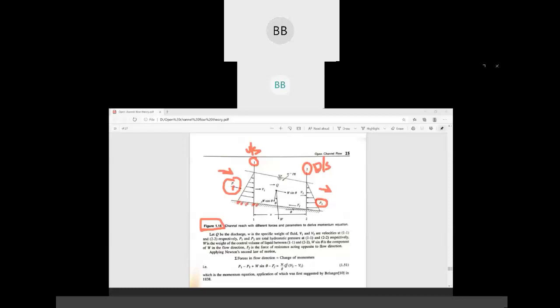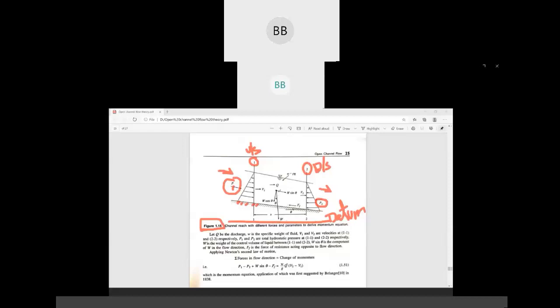Definitely we should have some slope because it is in higher elevation and it is a lower elevation. So if we consider a datum line, or you can say reference line, this W will be perpendicular to this reference line. This is a straight line.